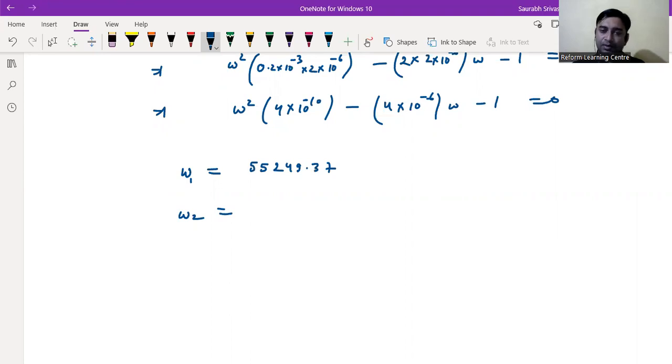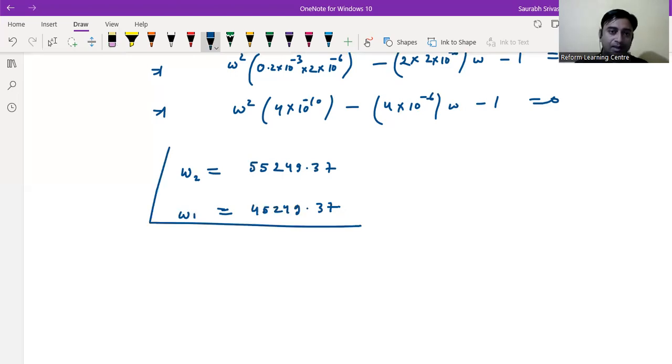And omega 2? माइनस में आ रहा है सर. Answer? माइनस 45,249.37. Actually, this is omega 2. This is omega 1. Minus and ignore कर दीजिए. हाँ सर. You can ignore negative sign.